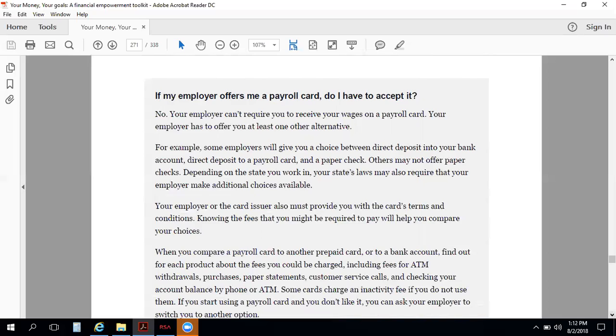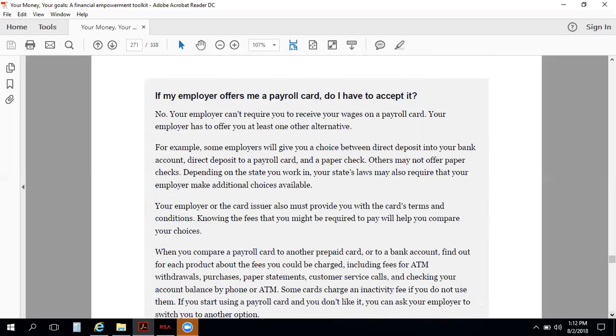Well, in a lot of cases, a lot of financial institutions will allow a client to have a free checking or savings account if they do direct deposit, whereas a payroll card would possibly cause a client to have fees associated with using that card, whether they go to the ATM to try to get cash out or what have you.